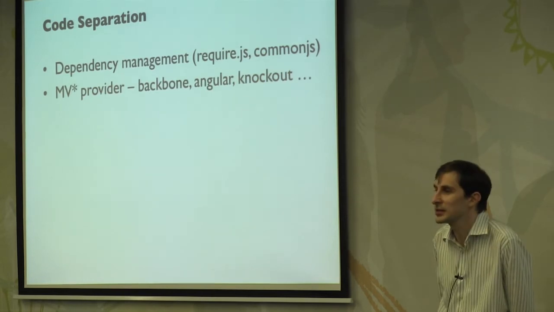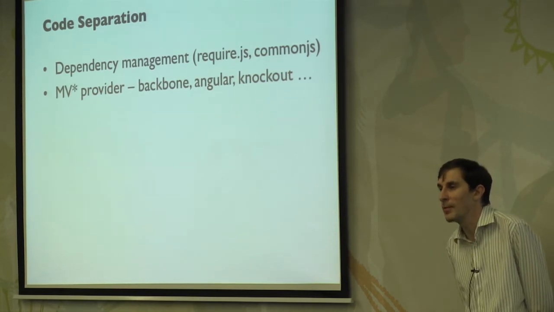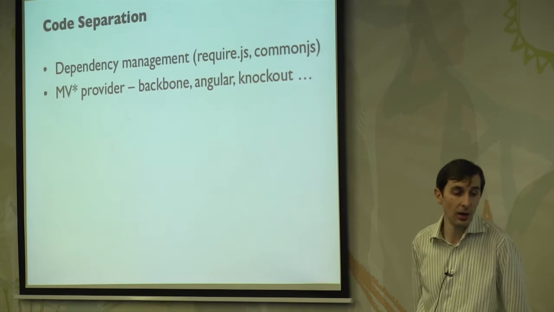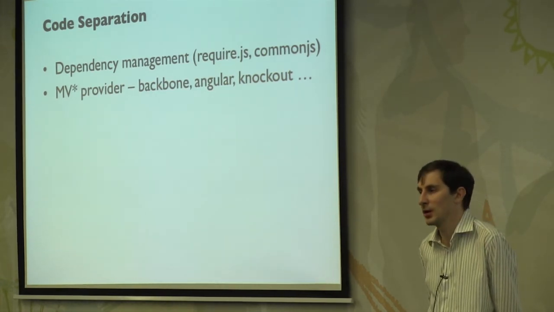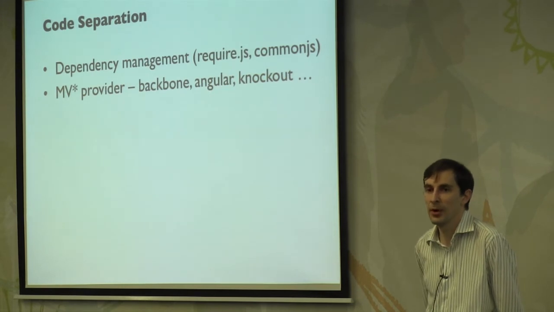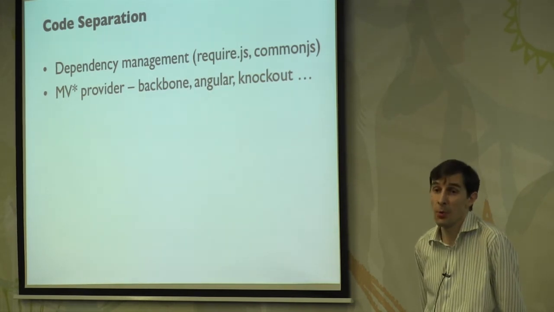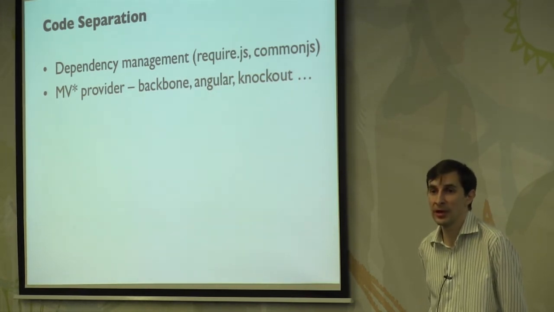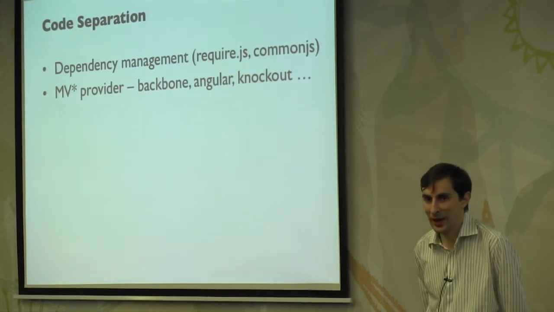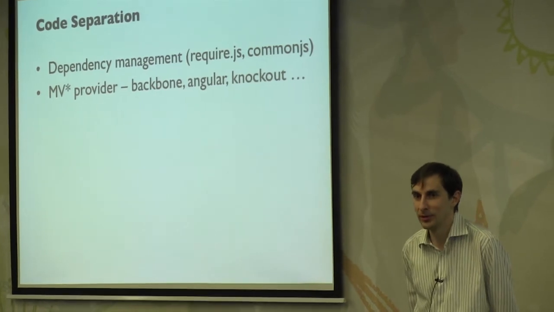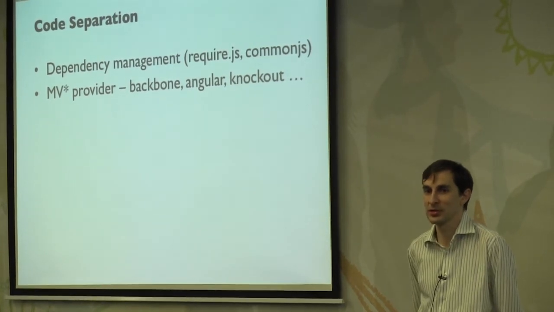Use require.js and CommonJS for management and separation and building. MV* providers. If you are doing anything except a simple web page or simple website, if you're doing a single page application, do not think you can write it in jQuery. You can, you will fail in about 3 to 6 months.